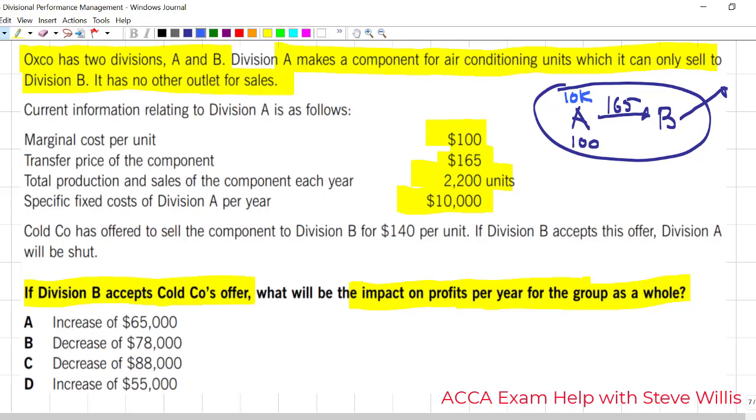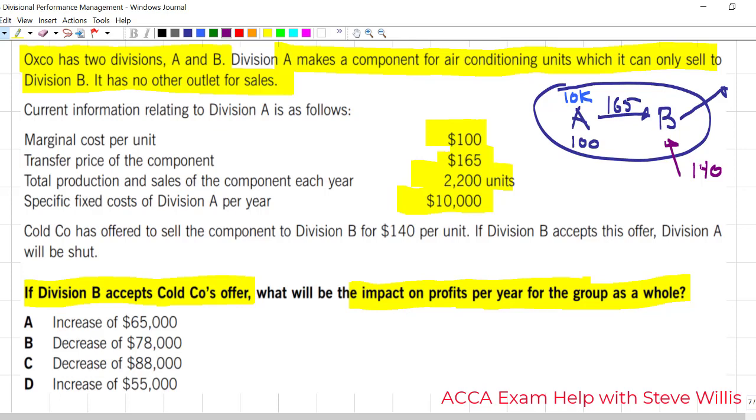Now, the division is looking at a new supplier who has emerged. This supplier is going to start selling us the same component for 140. Now, we're looking at the combination of transfer pricing and essentially make or buy. So the transfer price, not really relevant right now.